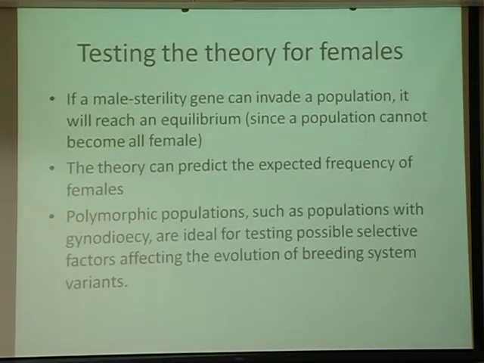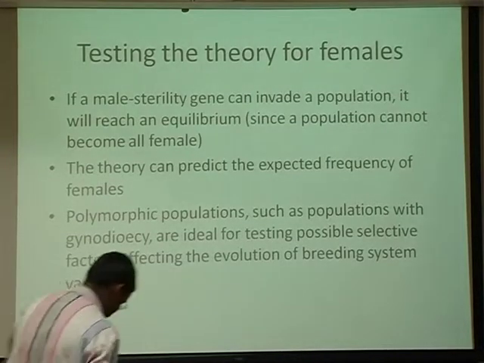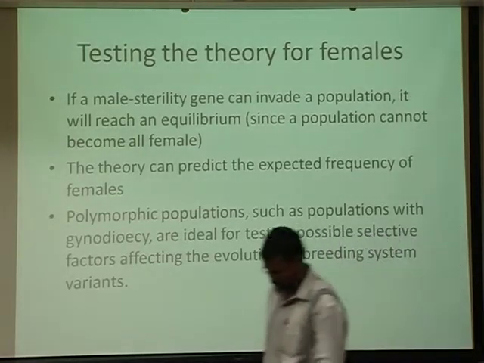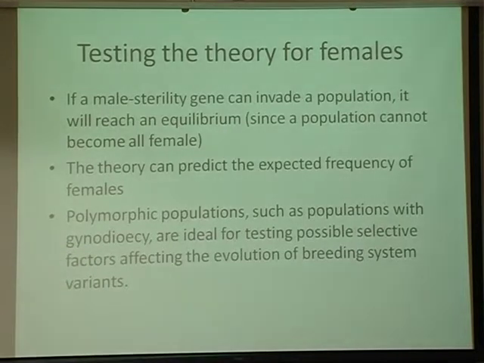Now, we can test this theory because, as you saw, it was quite quantitative in terms of the equation, and the items in the equation are things that we can actually measure in real organisms. We expect a polymorphism, as you agreed here, of females and hermaphrodites if we have a nuclear factor like this, and we do know that there are gynodioecious species.